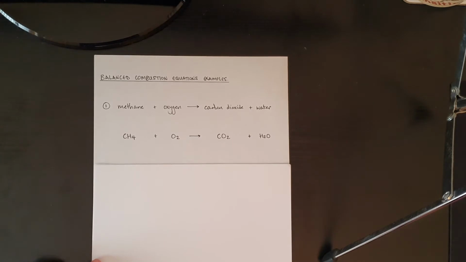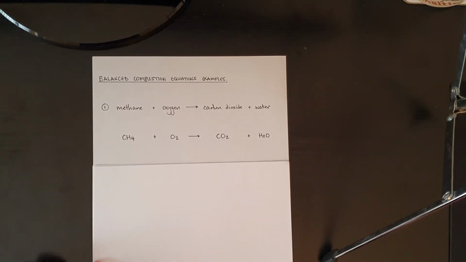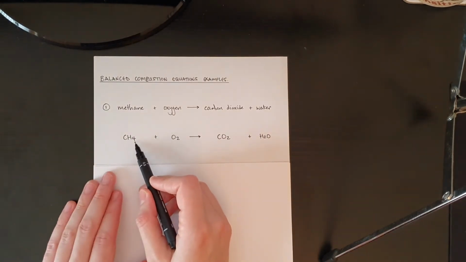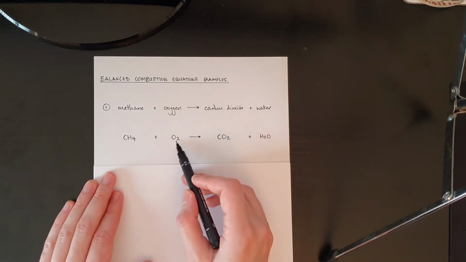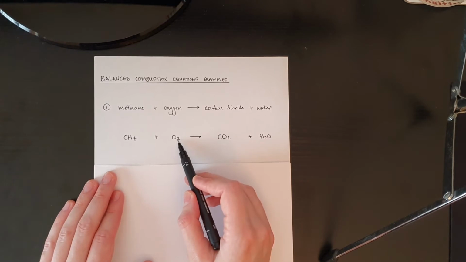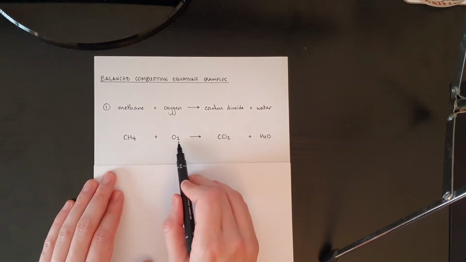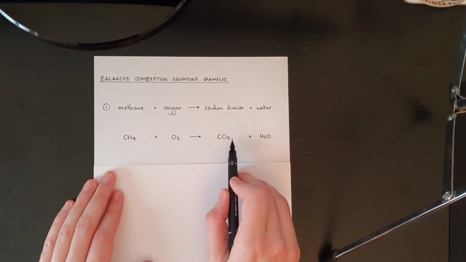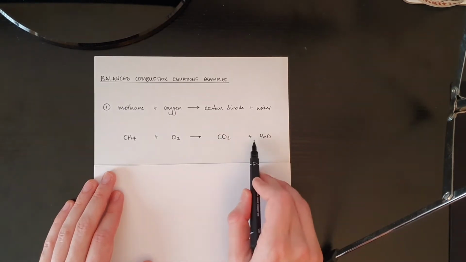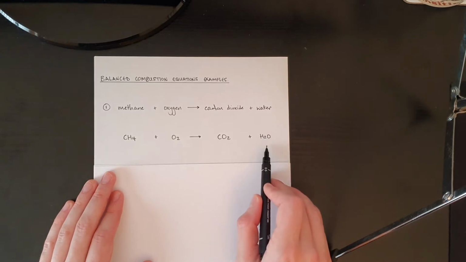This is what that is going to look like in chemical equation form. We have CH4, a carbon with 4 hydrogens bonded on, oxygen, our diatomic gas, diatomic meaning 2 atoms, so we've got O2, and these will react together to form carbon dioxide, CO2, and water, H2O.